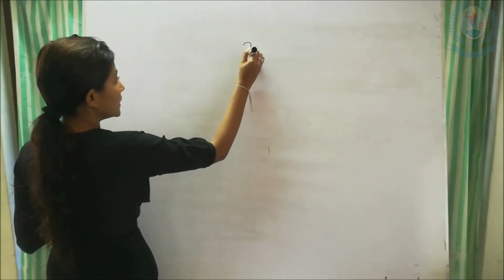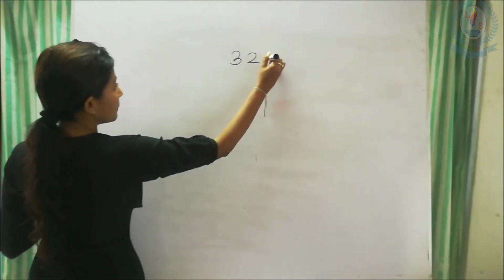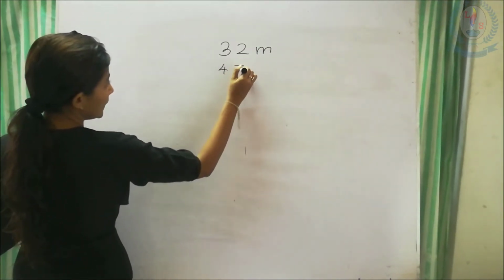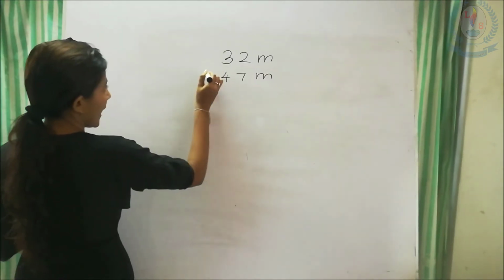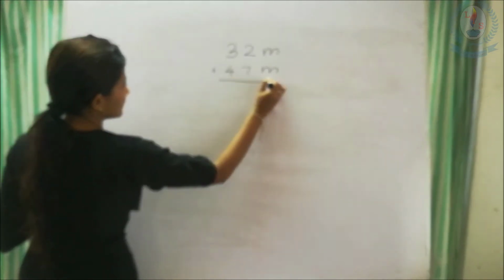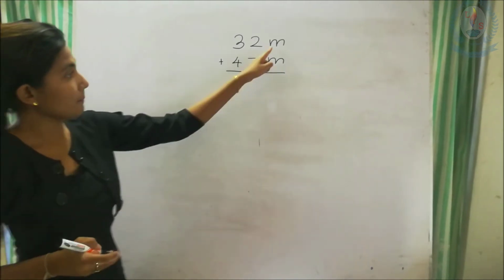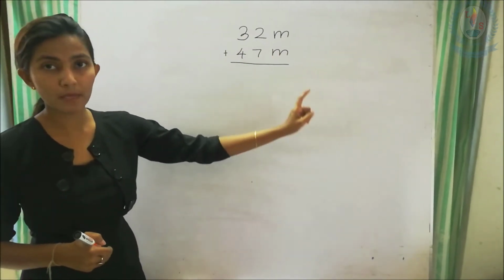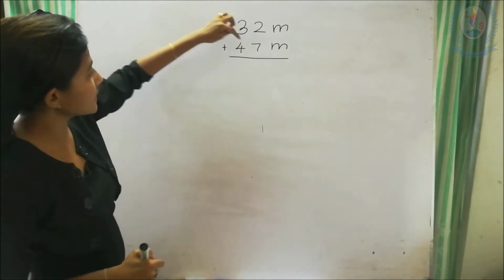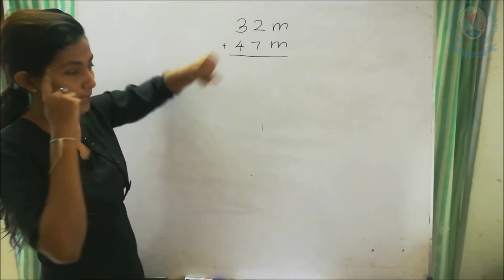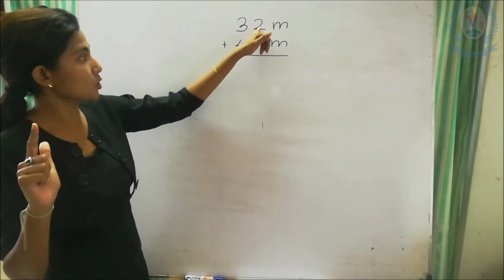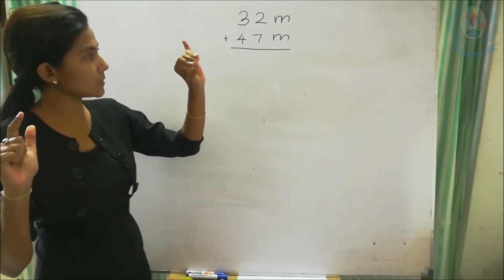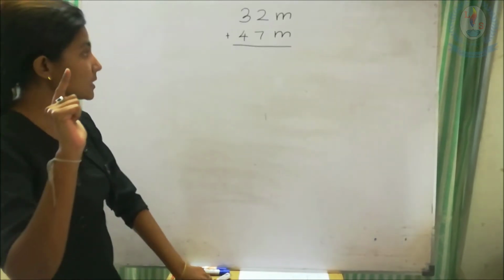Let's solve this example. 32 meters plus 47 meters, addition. Same units, 32 meters, 47 meters. 2 plus 7. 2 in your mind, take 7 fingers. 2, 3, 4, 5, 6, 7, 8, 9.